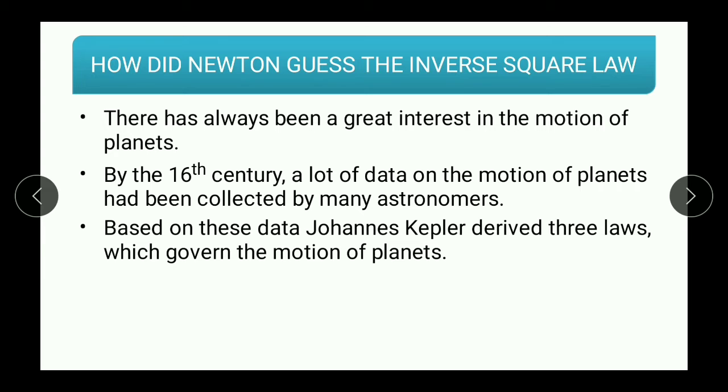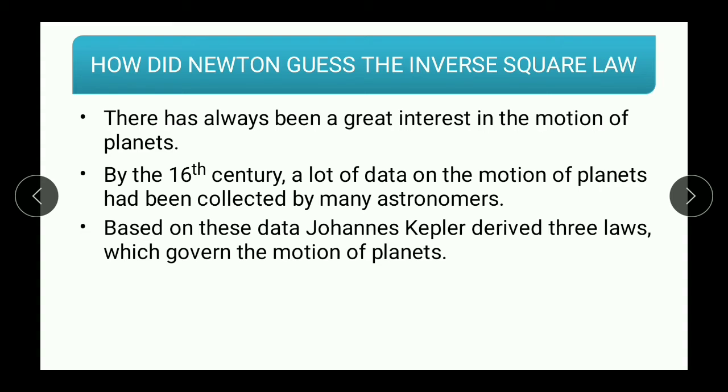Johannes Kepler was an astronomer, and this data was in fact produced by his teacher and guide Tycho Brahe. This Tycho Brahe had collected data based on his observations.